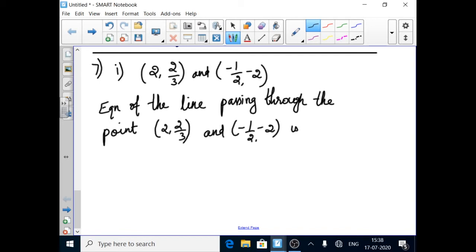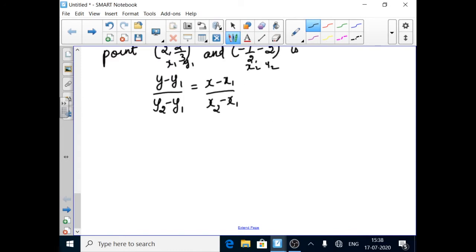The 2-point formula is y minus y1 by y2 minus y1 is equal to x minus x1 by x2 minus x1. Now earlier I told you the points you should consider x1 y1 and x2 y2. Okay. So this is the 2-point formula. If they give 2 points and ask for the equation, we should use this formula only.